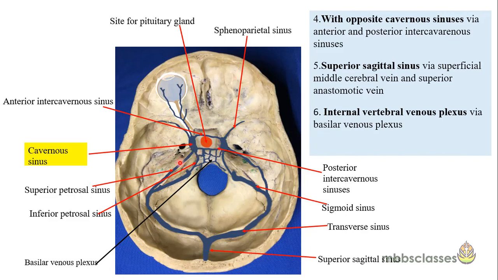Then they communicate with the transverse sinus via the superior petrosal sinus. The posterior end of the cavernous sinus is related to the inferior petrosal sinus, which ultimately drains into the internal jugular vein. The cavernous sinus communicates with the superior sagittal sinus via the superficial middle cerebral vein and the superior anastomotic veins. It communicates via the basilar venous plexus, as you can see here, with the internal vertebral venous plexus.